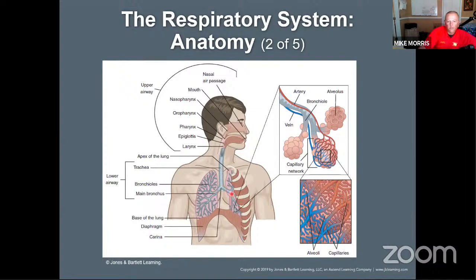Bronchus, left and right, and then bronchioles and bronchioli. Here's your alveoli. This should be old. You should want to vomit right now. You've heard it so much. Nothing new here at all.